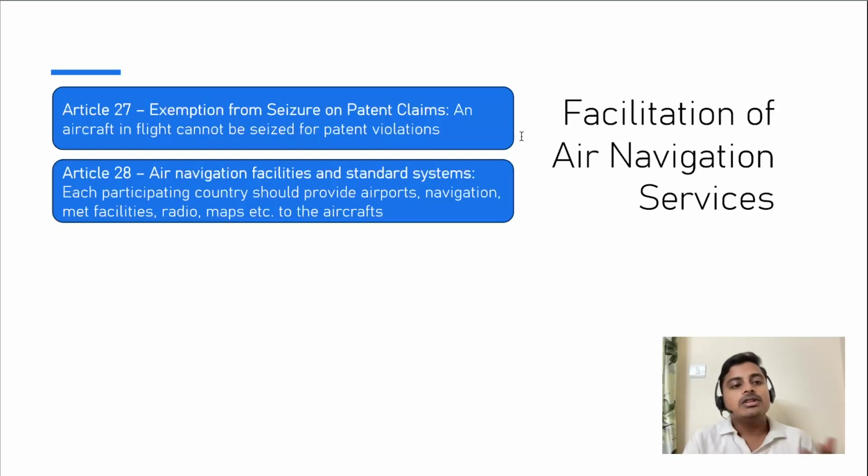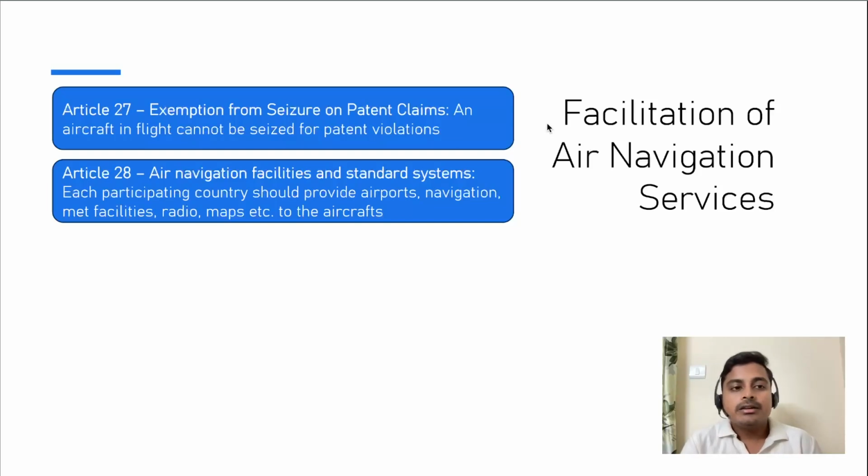But because of this Article 27, they will not be able to do that. So they cannot seize or detain the aircraft just because of this patent claim. The flight is protected under international law, allowing it to depart safely and continue operations.